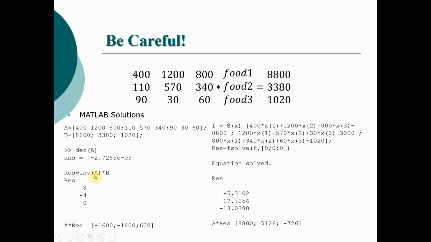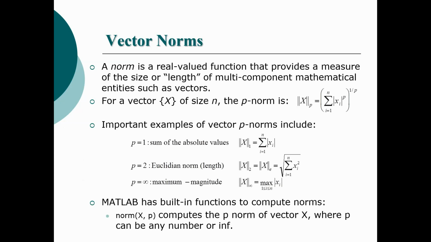We now have many tools to check: rank of A, rank of AB, we can calculate the determinant, the inverse of A, and the reduced row echelon form. By looking at all of this, you can determine if your system has a solution or doesn't have a solution, or how many solutions it has.